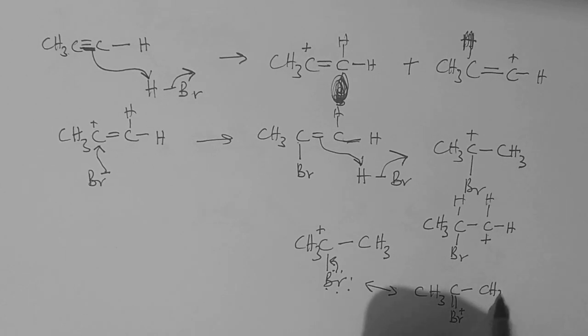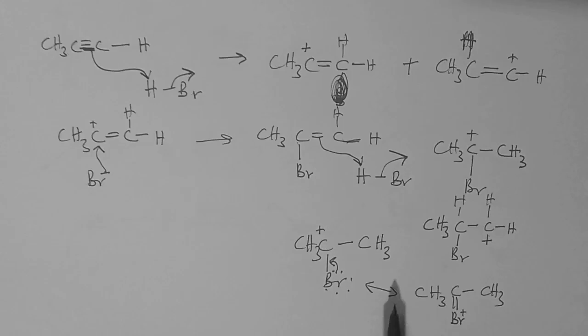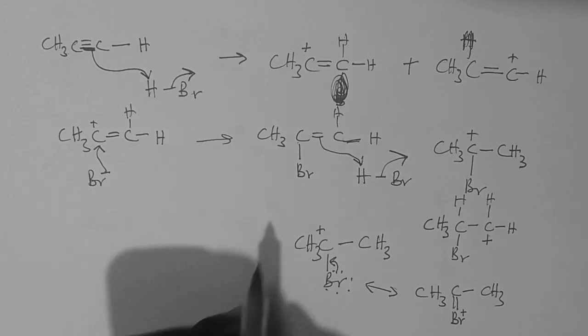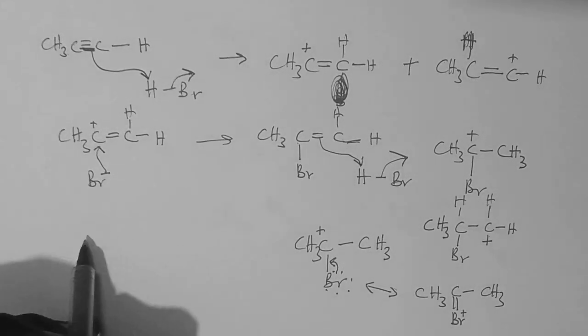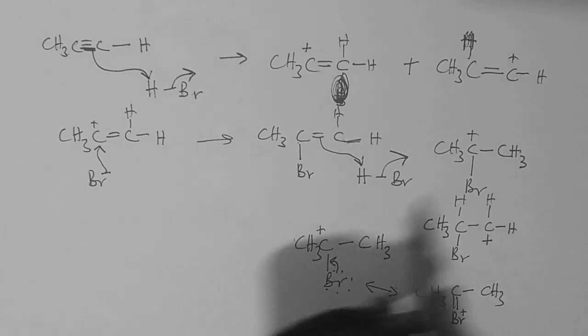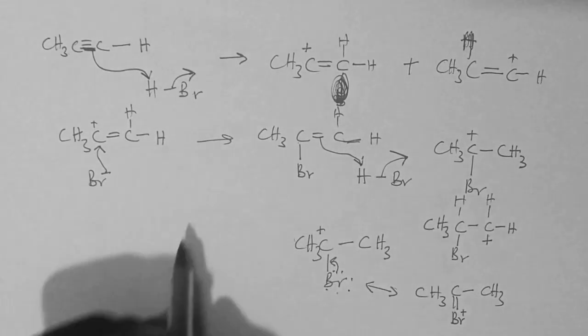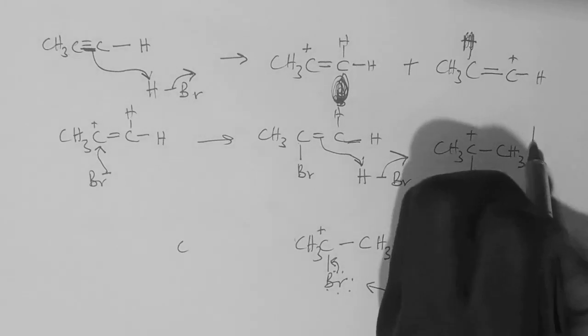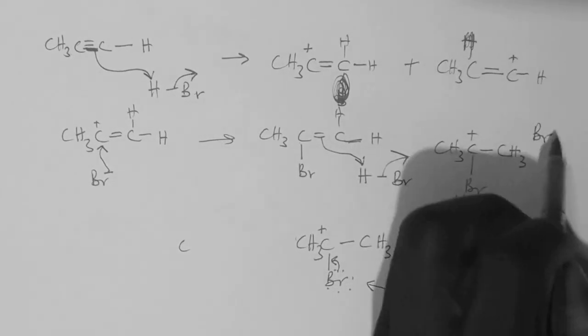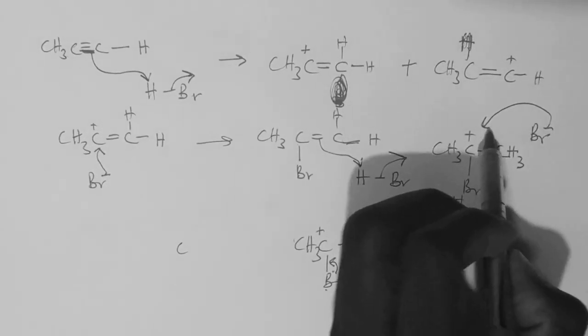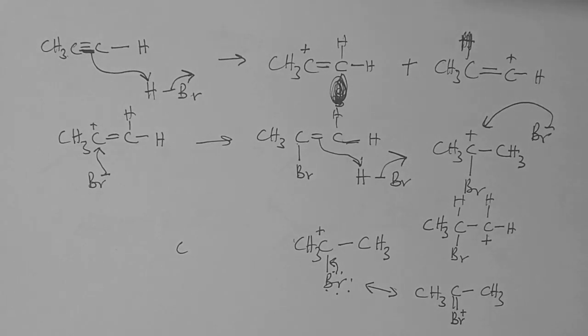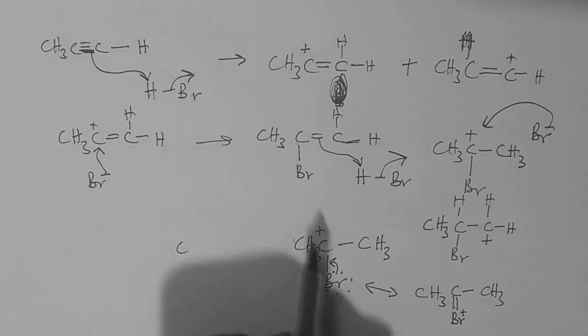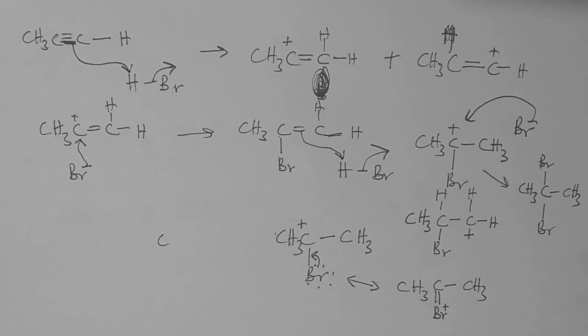And it is this resonance stabilization that is the driving force behind this reaction. So in the final step, remember that we have this intermediate. So the Br minus that was cleaved off will come and attack that center. Then we will form this. So this is the final product that will be formed in the reaction.